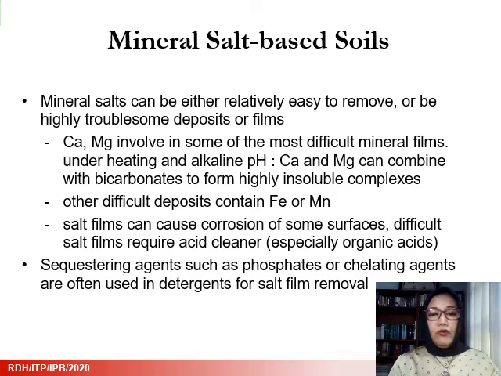This is also true for deposits containing iron or manganese, and salt films can cause corrosion of some surfaces. Difficult salt films require acid cleaners, especially organic acids. Sequestering agents such as phosphate or chelating agents are often used in detergent for salt film removal.